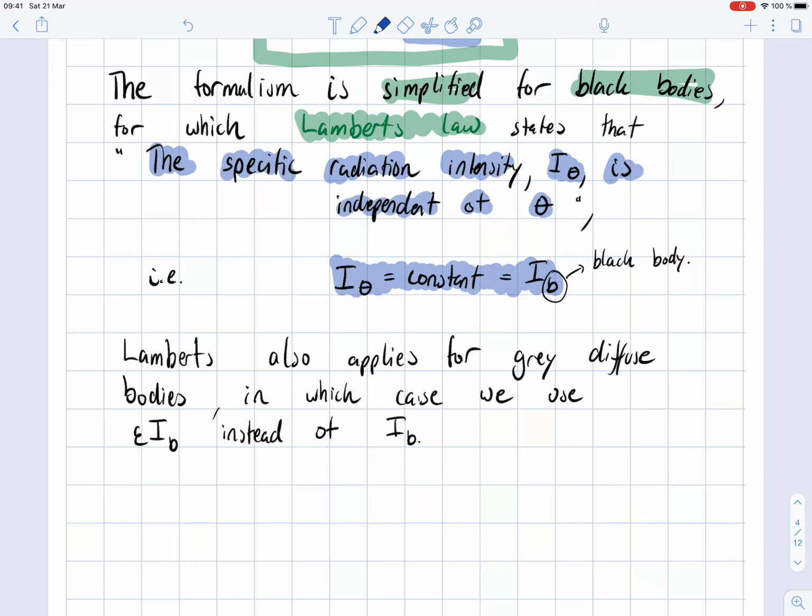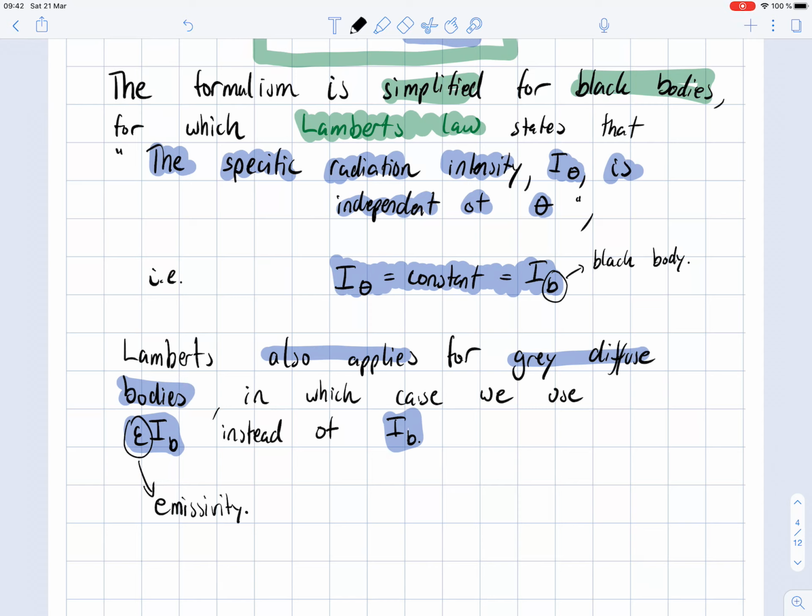It's important to note that Lambert's law also applies for gray diffuse bodies. So it has to be diffuse still. And if we have a gray body instead, we will just weight this black body intensity with its emissivity, as we have done for all other radiation sources so far.